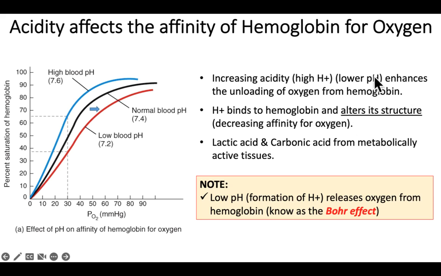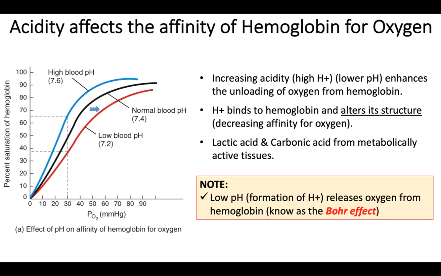That's how you affect the affinity. If you change the structure of hemoglobin, you can lower its affinity. Hemoglobin is a protein, and it's all about the shape of the protein. When cells make a protein, it has to fold, and it's that folded structure that allows the protein to function. Well, if you alter that folded structure, it alters the function.